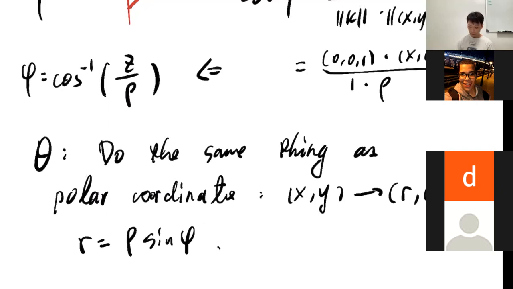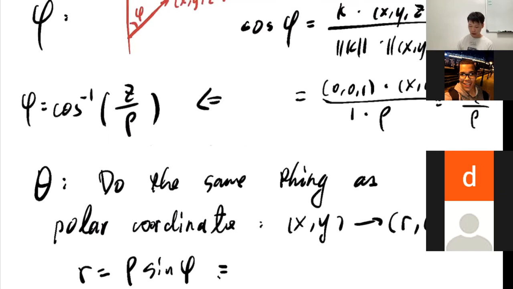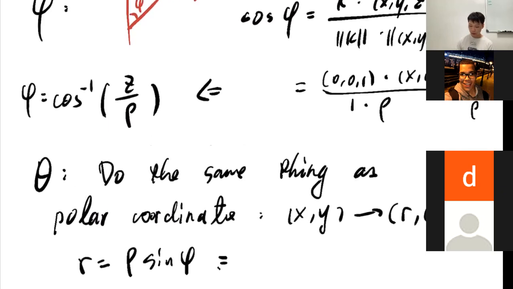Okay. So another way to write this is, because cosine phi is z over rho, we can represent sine phi as the radical of 1 minus cosine squared.